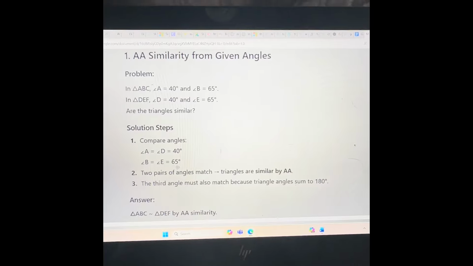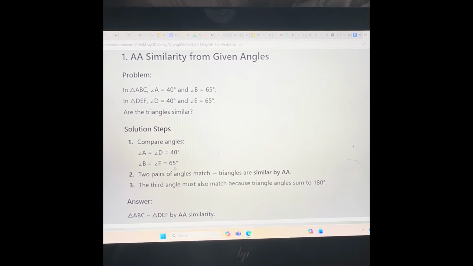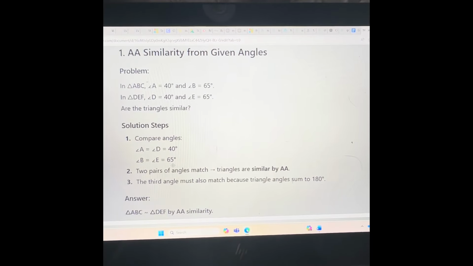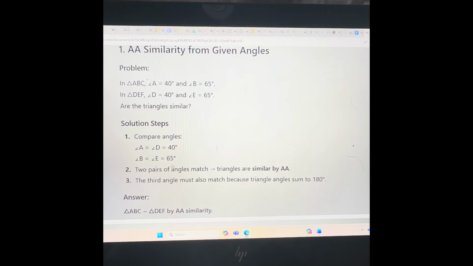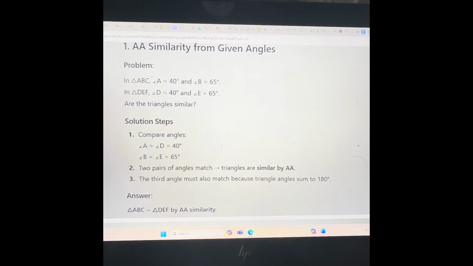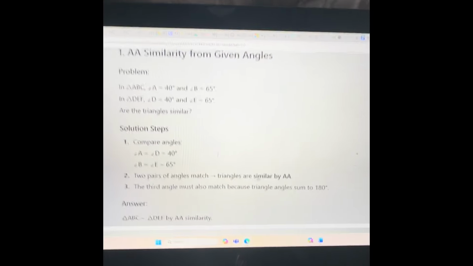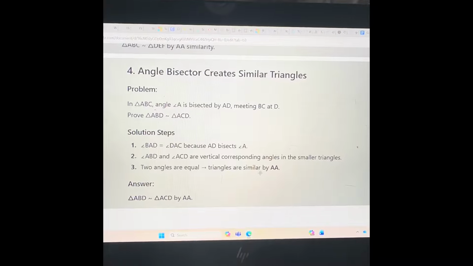We can see that two pairs of angles match, so the triangles are similar by the angle theorem. The third angle must also match because triangle angles sum to 180 degrees. So our final answer is ABC is similar to DEF by AA similarity.